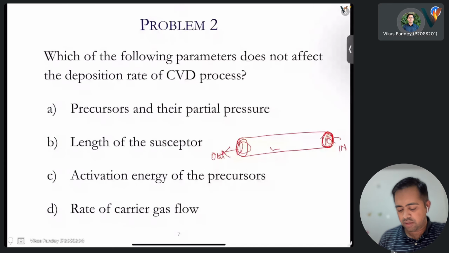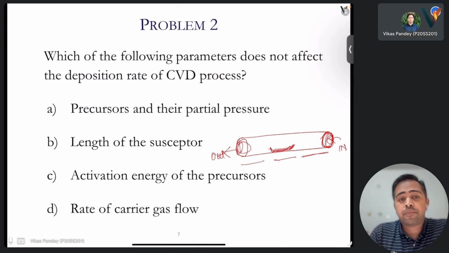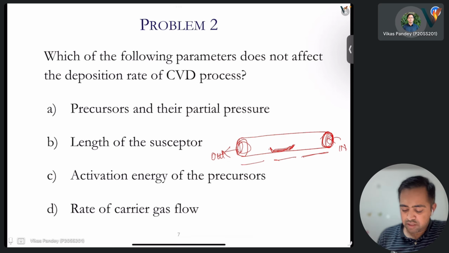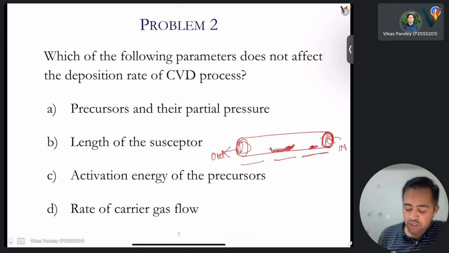Here we put the susceptor. Then there will be heating of this tube at different temperatures according to our need. The precursors can be put here or here according to their activation energy.